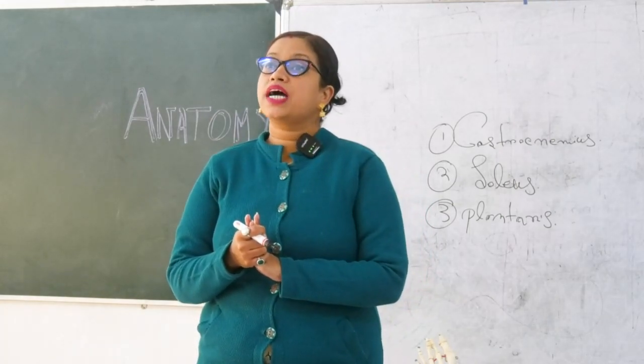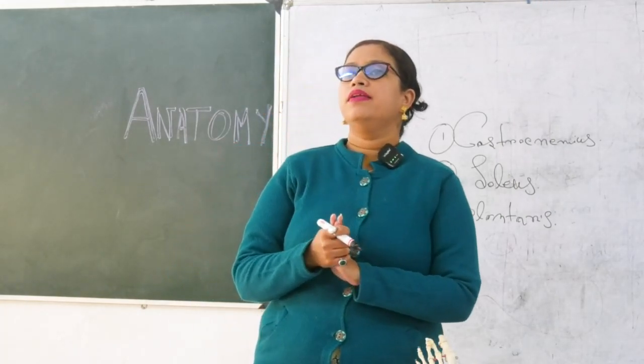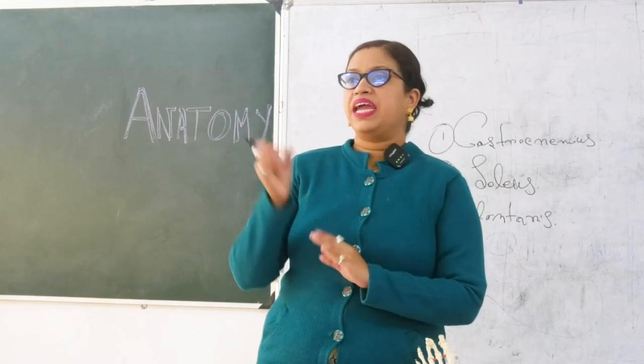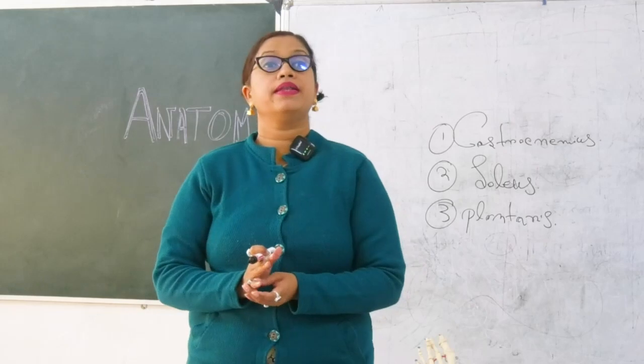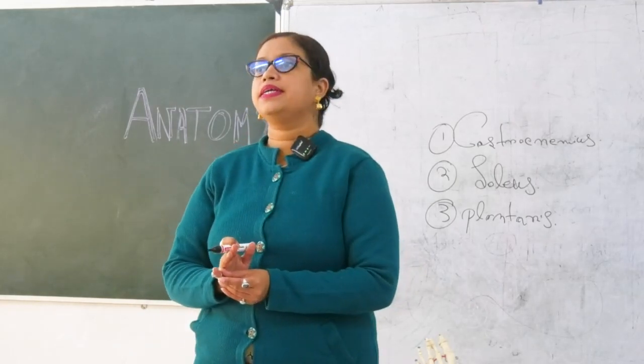So which are the two structures? Number one, the main division of the sciatic nerve, that is the tibial nerve.